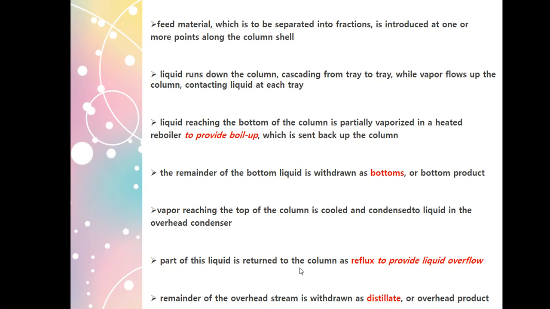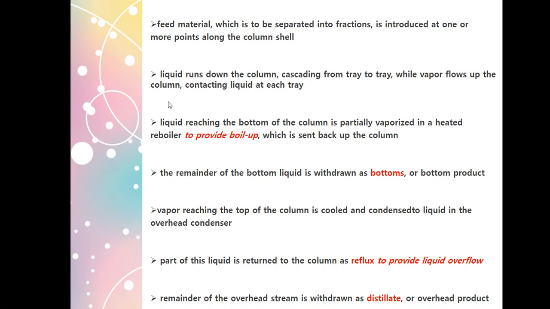Now, the feed material, which is to be separated here into fractions, is introduced at 1 or more points along the column shell. In our case, we will only be limiting our discussion to a single feed stream into our column, or that is, we will only have one feed that is introduced into our column. But in reality, in industry, it's not limited only to a single feed column.